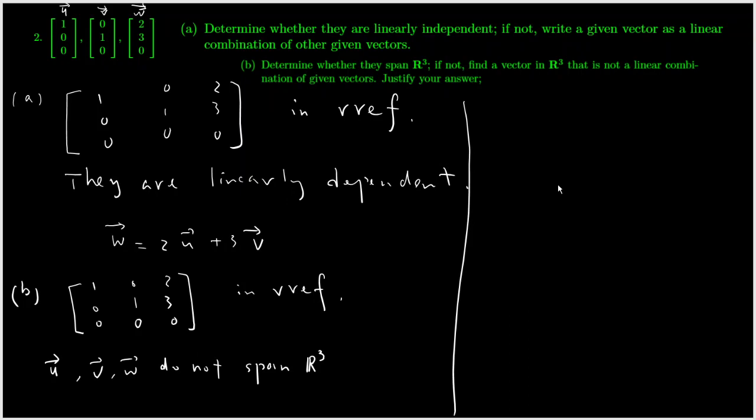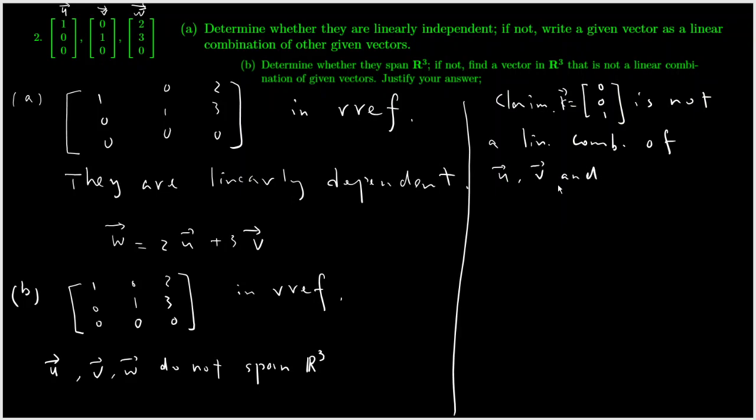For the second part of the question, we claim the vector 0 0 1, the vector k, is not a linear combination of U, V, and W. For this particular case, it's easy to guess.